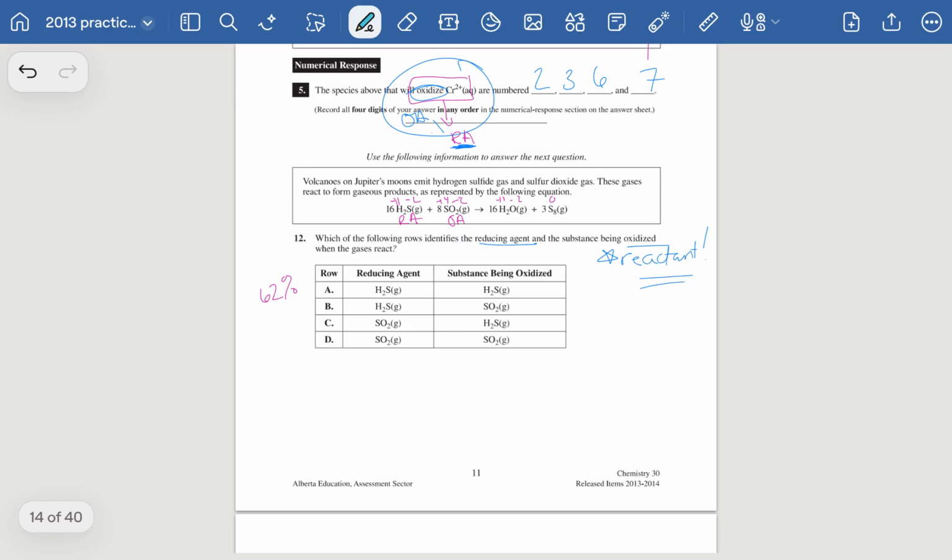So even if they have products as an option, you know not to pick it. I know in this case we don't, but if they do, don't pick it because products just help us see what's happening, but the reactants are what's reacting. So that's our OA and our RA. So once we assign our oxidation numbers, we'll see that H2S is our reducing agent and the substance being oxidized is also the reducing agent. So the answer here is A.